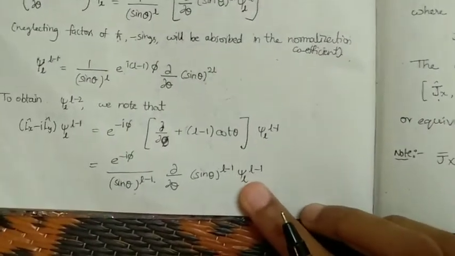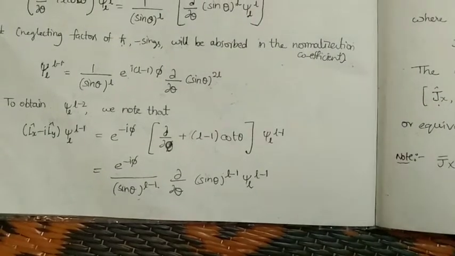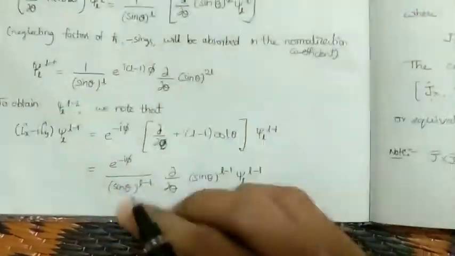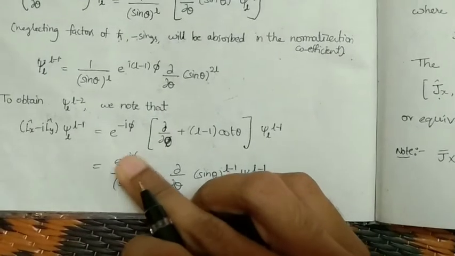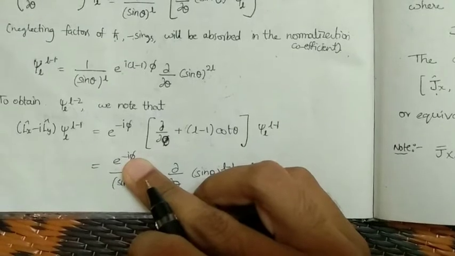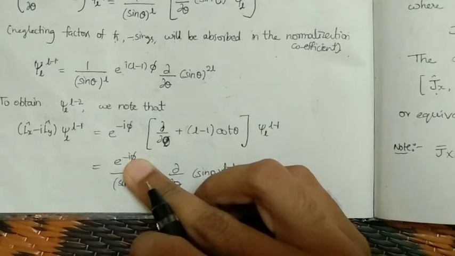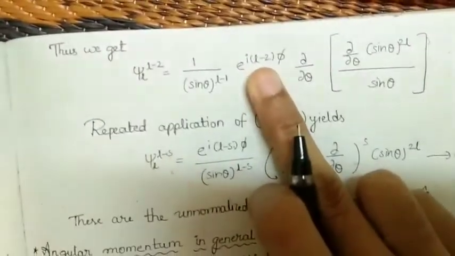From this form we just get to this form, so we see the simplification. e^((L-1)φ) has to be taken outside, so we have e^(i(L-1)φ) and e^(-iφ), that is e^(-iφ) times e^(i(L-1)φ). So we would have e^(i(L-2)φ), sorry.